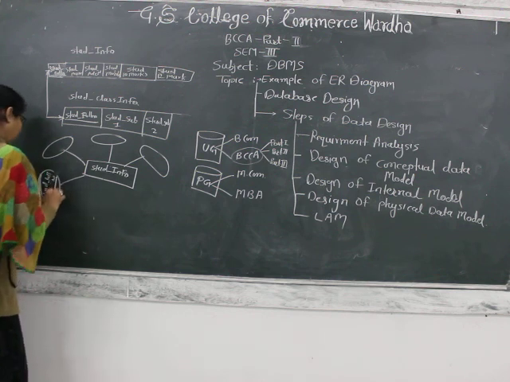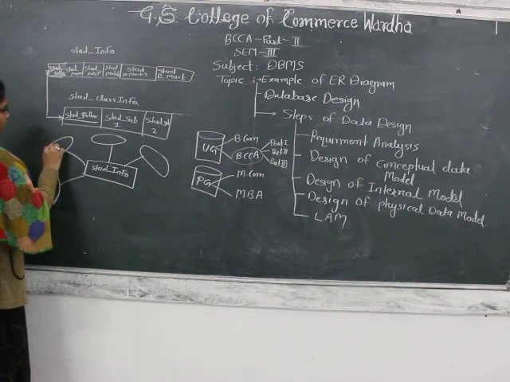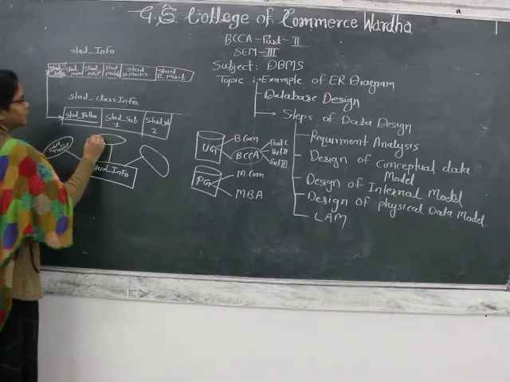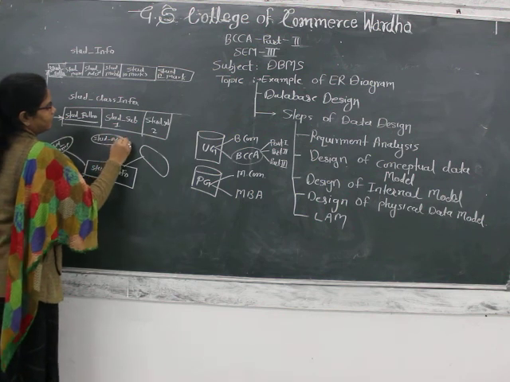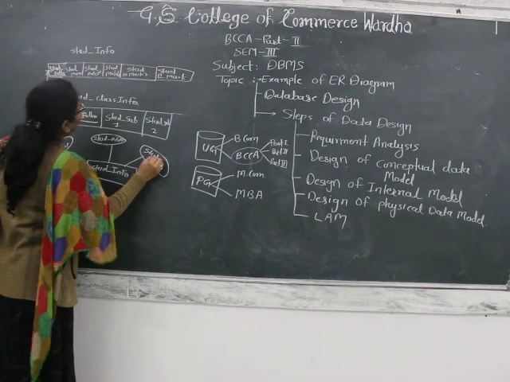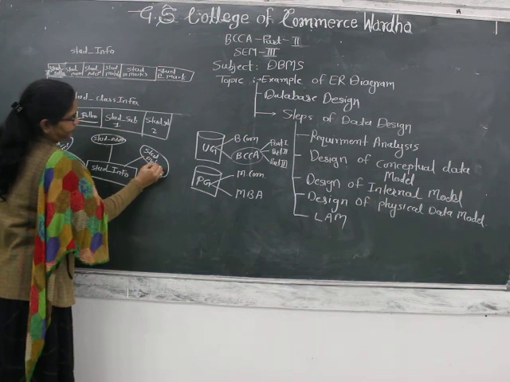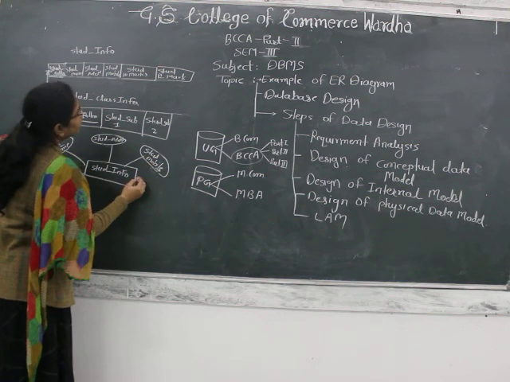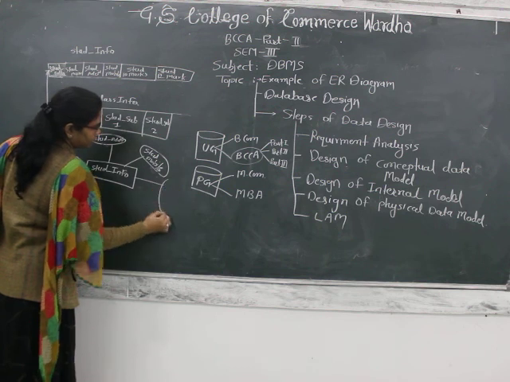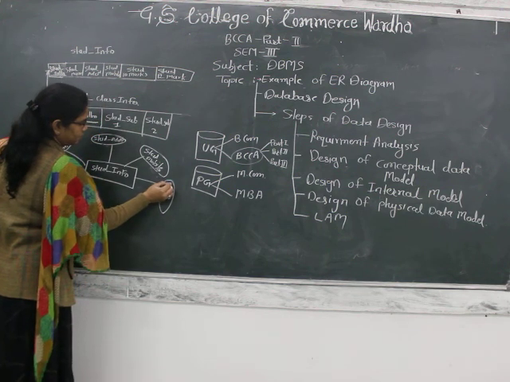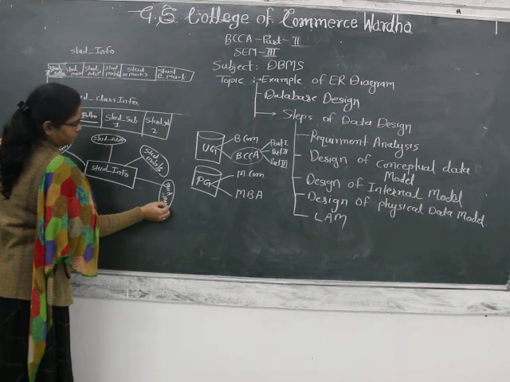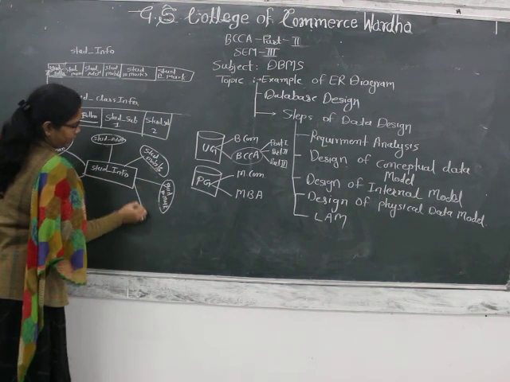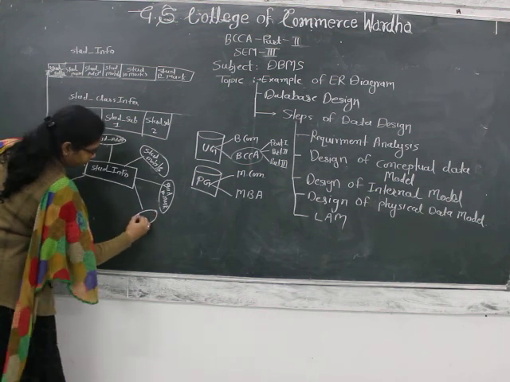Just write those attributes, then stud name, stud address, stud mobile number, then stud marks, 10th mark and stud 12th mark.